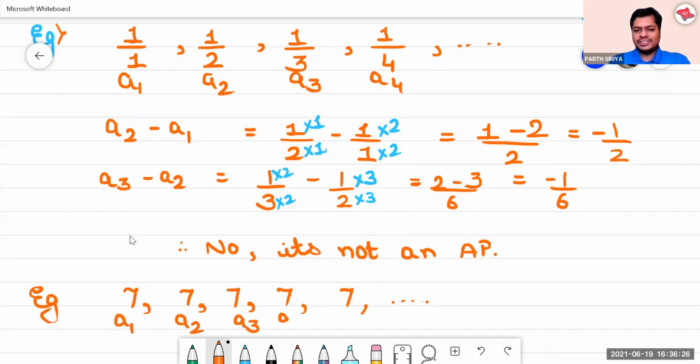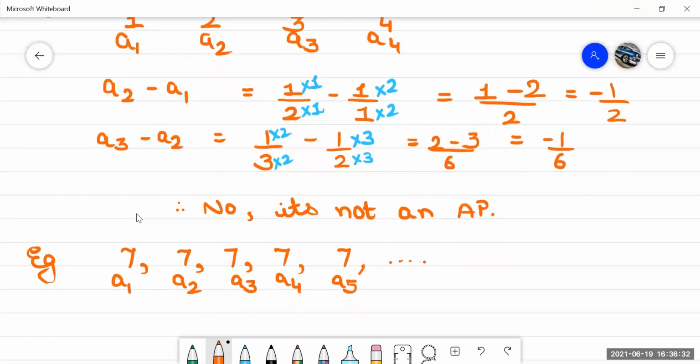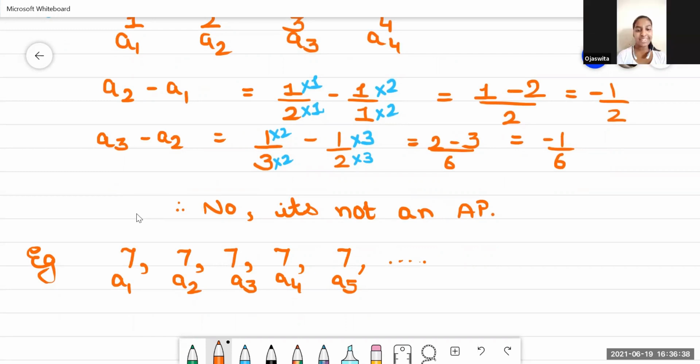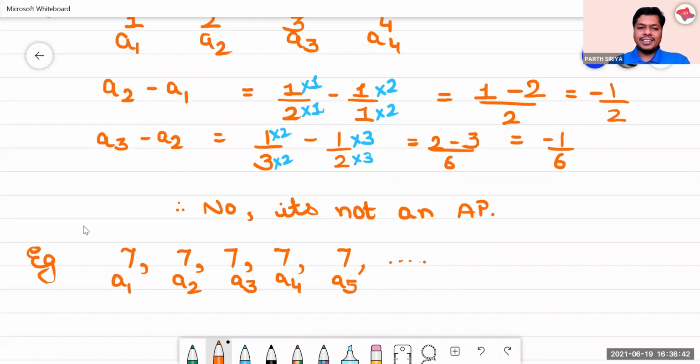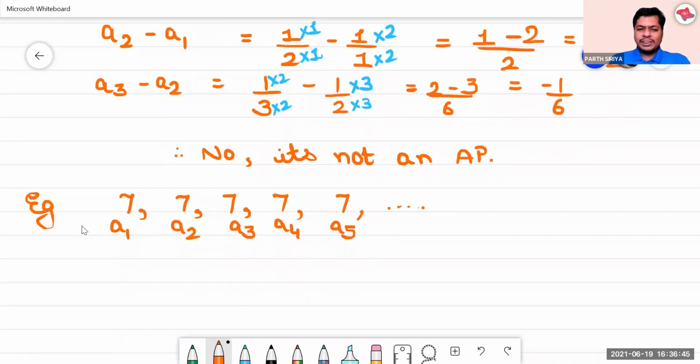What do you suggest? Kiran? Yes, I think it is. Okay. Ojasweta, what do you think? Even I also think it is an AP. Okay. So both of you are thinking it's an AP. Let's check.